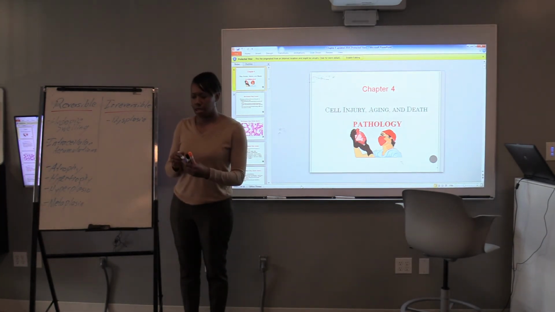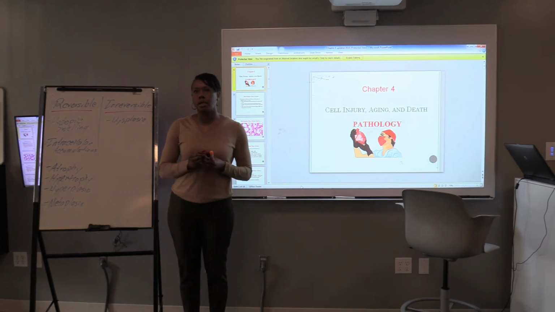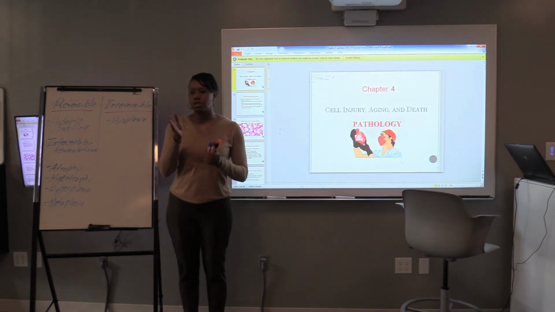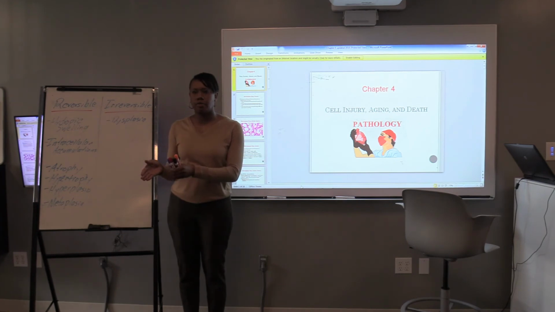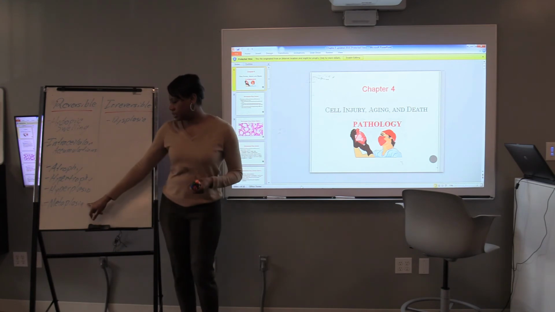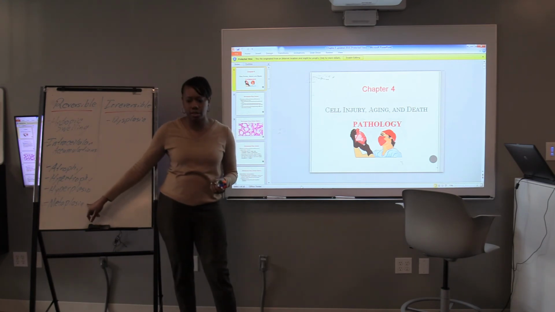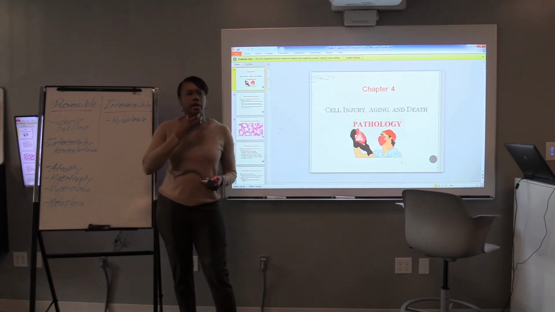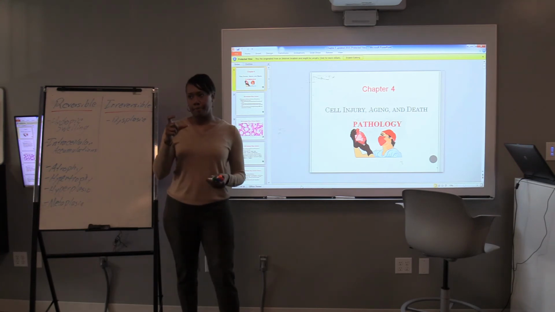So if the person stops smoking, the metaplasia that's going from one cell type to the next can revert back to normal, okay? Let me explain this in a little more detail. When a person has a metaplasia, let's use the airway. In smoking, normally the epithelium is columnar.